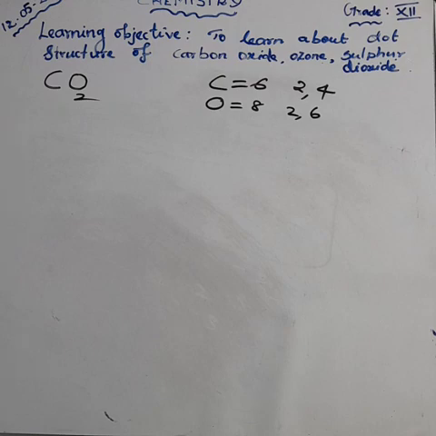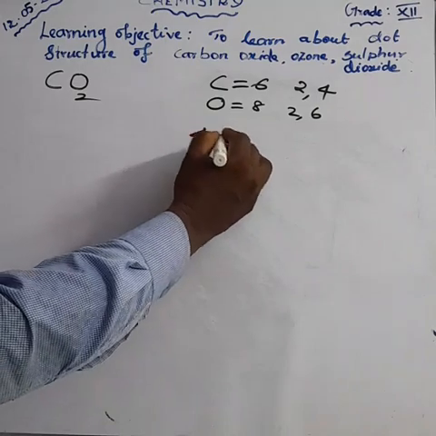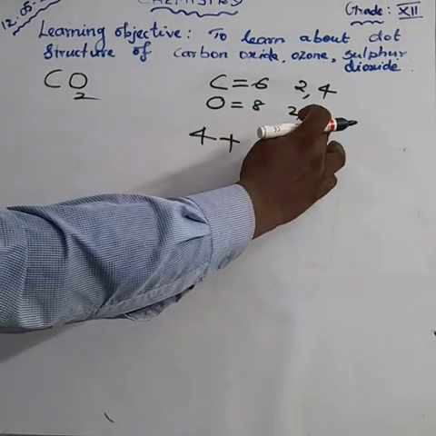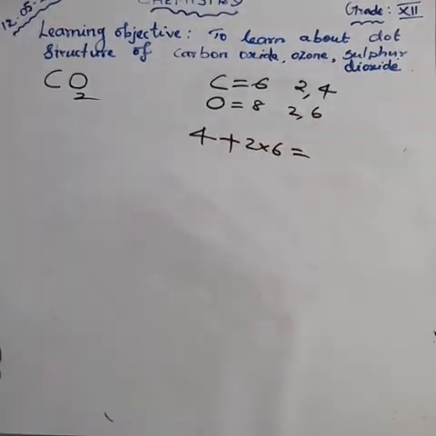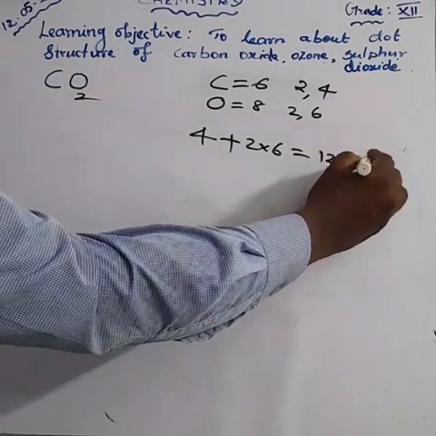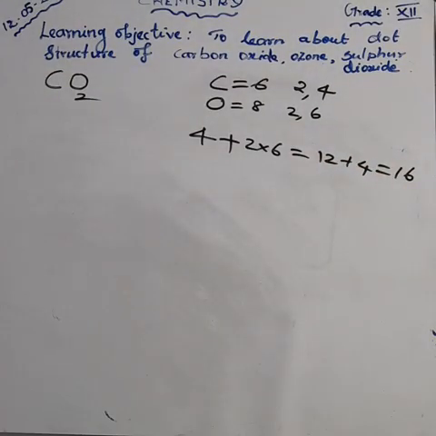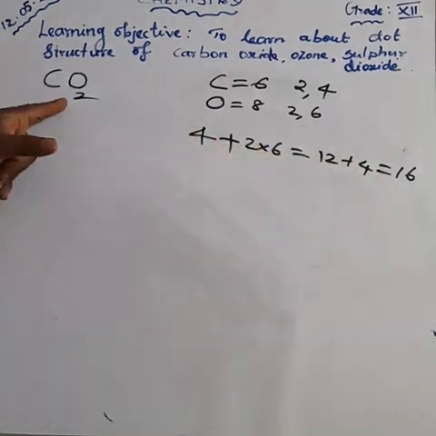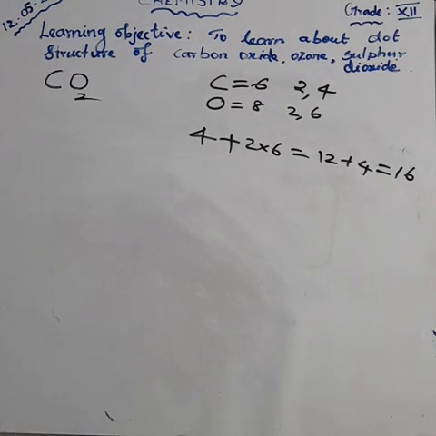For carbon dioxide, how can you calculate? Here having 1 carbon, so the valence electron is 4. 2 oxygen, 1 oxygen is 6, so 2 into 6 equal to 12, plus 4 equal to 16 electrons. So don't forget that the available electrons for carbon dioxide is 16.